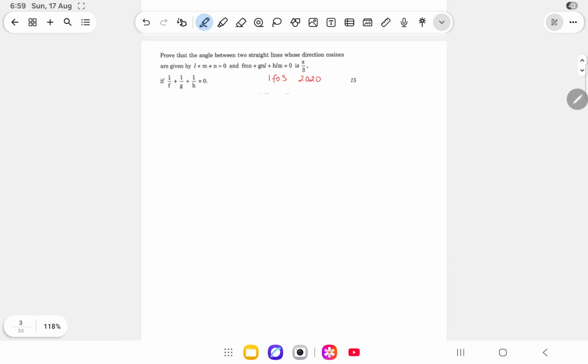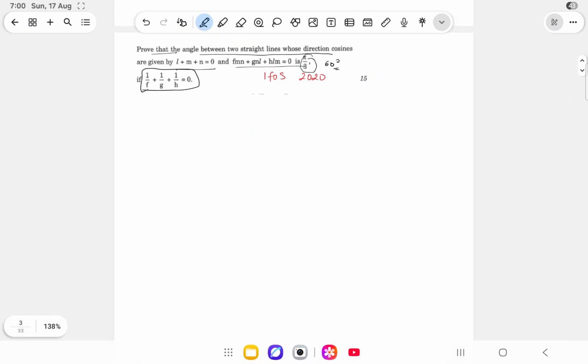In question number 2, they have asked to prove that the angle between two straight lines whose direction cosines are given by this is pi by 3, that is 60 degrees, if this relation holds. So we have a direct formula for finding the angle between the straight lines.